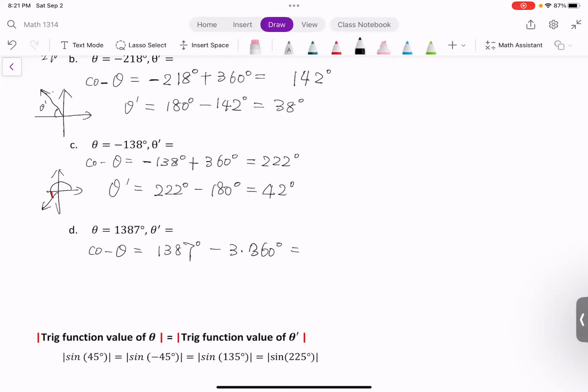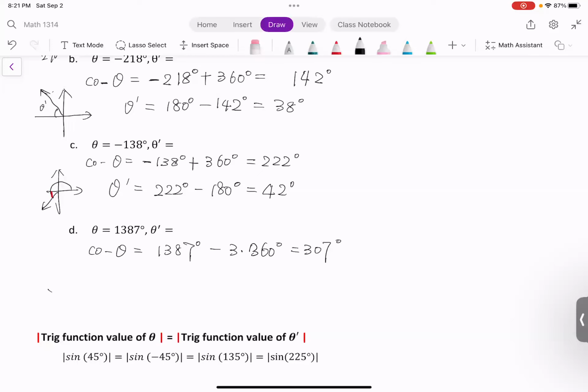We can pull out the calculator and find the number, that's 307 if I have no computation mistake. Let me double check. That's 1387 minus 1080. Yes, 307.